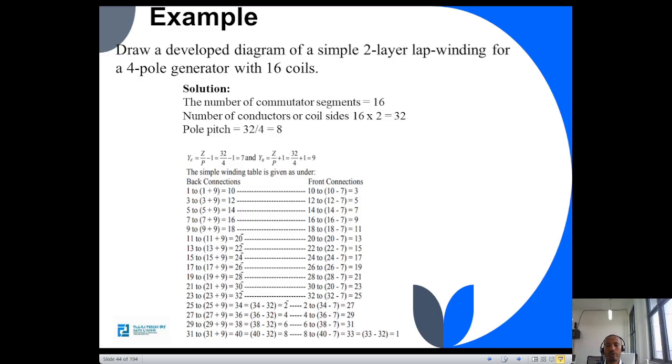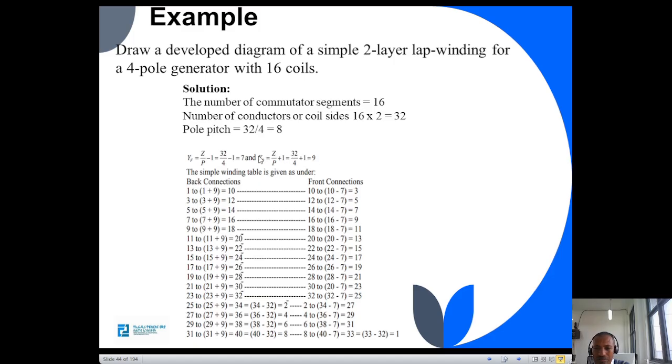So now in this case, in order to draw this winding, we have to remember these formulas: the front pitch formula and the back pitch formula. Now, according to this, our front pitch is 7, our back pitch is 9.